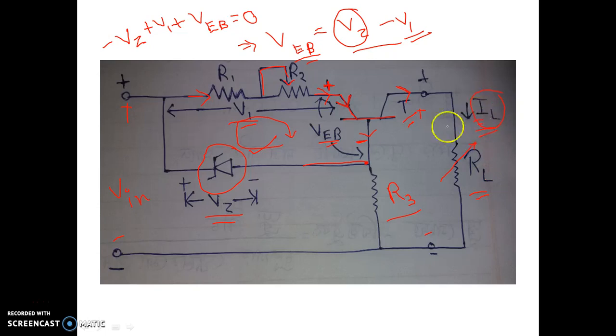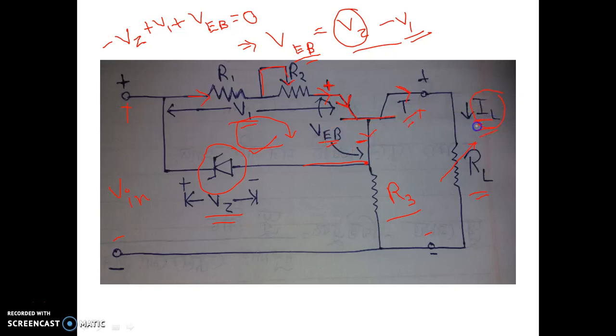As IL increases, IE will increase. As IE increases, V1 will increase, and as V1 increases, VEB will decrease. As IL or IC is proportional to the exponential of VEB, as VEB decreases, IL will decrease.